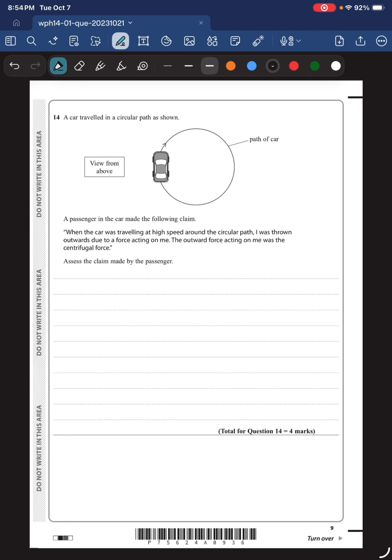So the car moves in a circular motion because a force is acting on it.